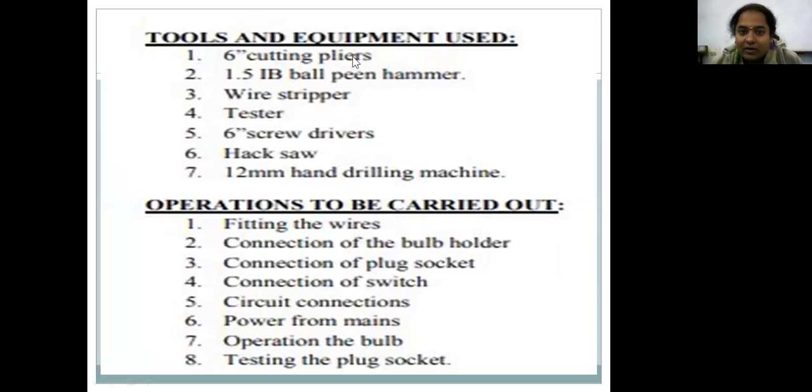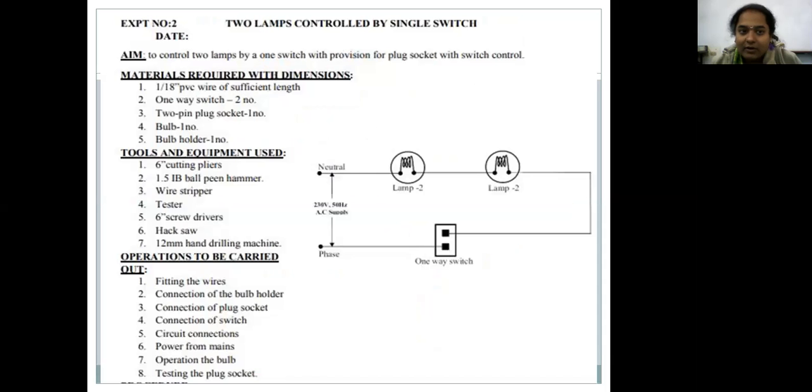Tools and equipment used: 6-inch cutting plier, ball pen hammer, wire stripper, tester, 6-inch screwdriver, hacksaw, hand drilling machine. Operations to be carried out: fitting the wire, connection of the bulb holder, connection to the plug socket, connection of the switch, circuit connections, power from mains, operating the bulb, testing the bulb socket.